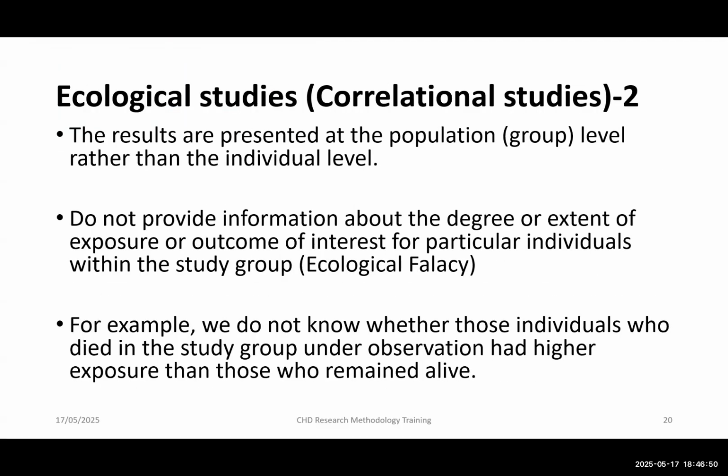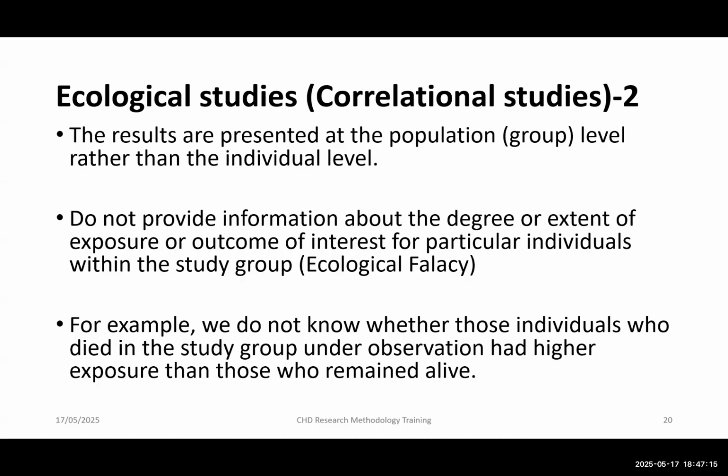So the results are presented at a population level rather than individual. But with the information you've collected, you do not have enough to say that, since it is high, it also applies to the individual. Like the example I gave about coronary heart disease and per capita cigarette smoking.